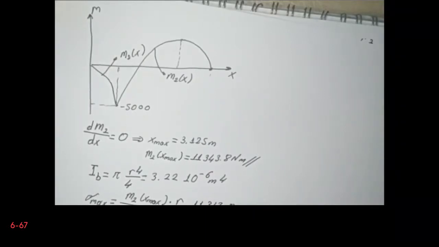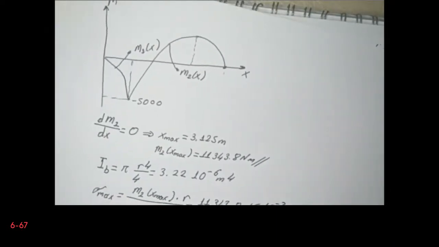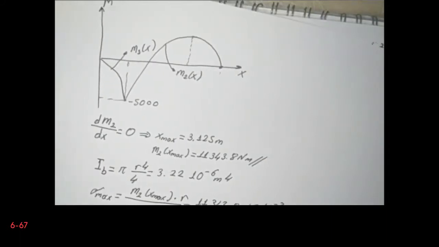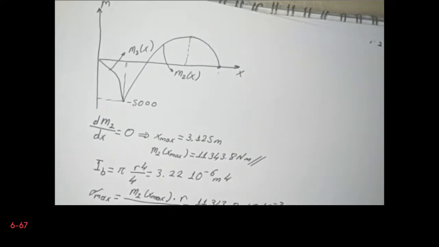R is equal to 45 10 to the power minus 3 divided by 3.22 10 to the power minus 6, and from here maximum stress can be calculated as 158.5 megapascals.